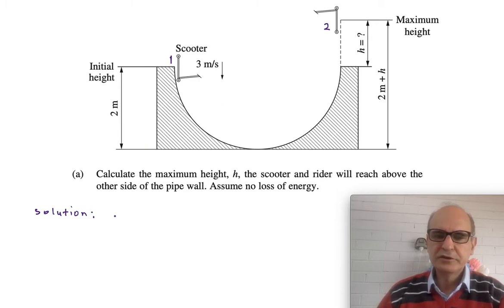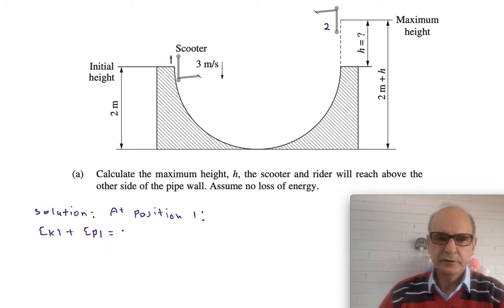So at position 1, your kinetic energy 1 plus potential energy 1 equal to, they told us it enters with the velocity of 3 meters per second and the mass is 55 kilograms.